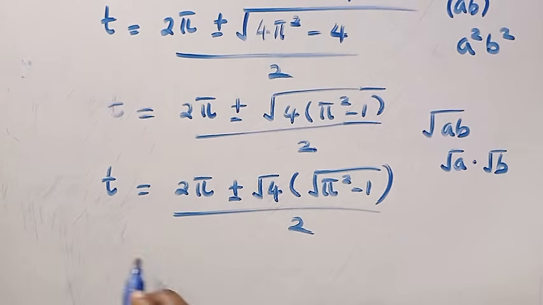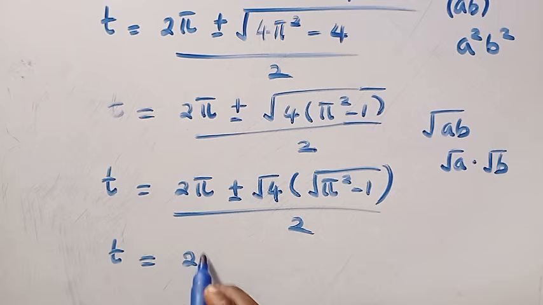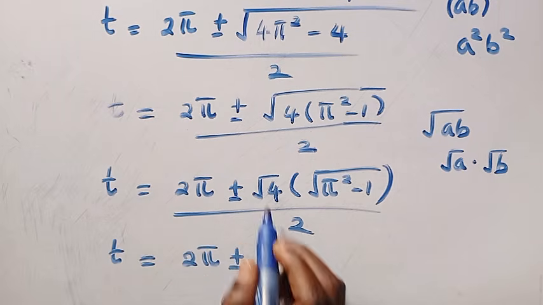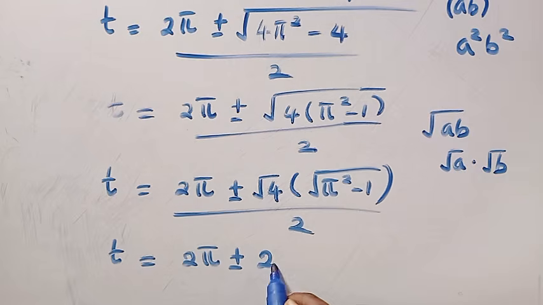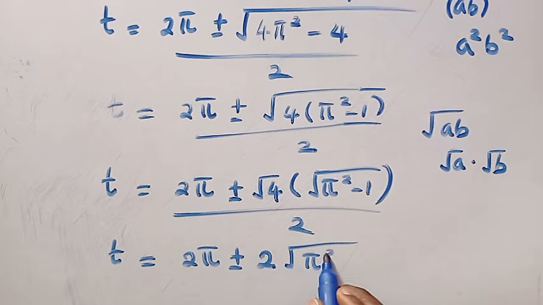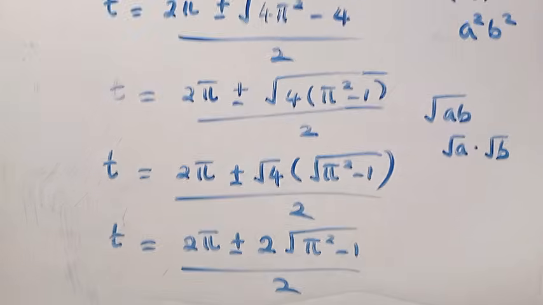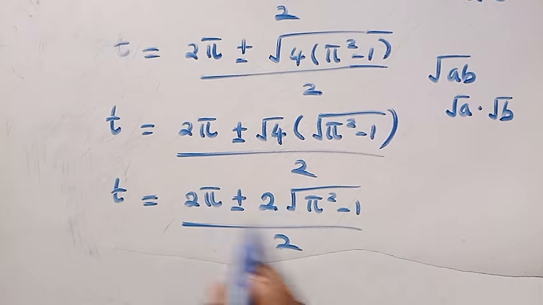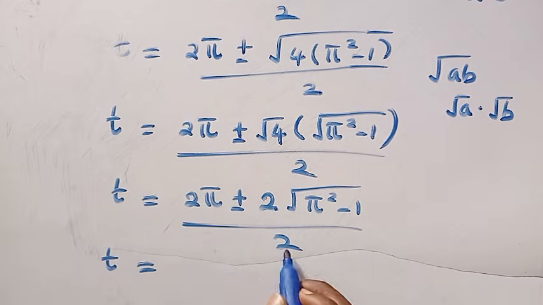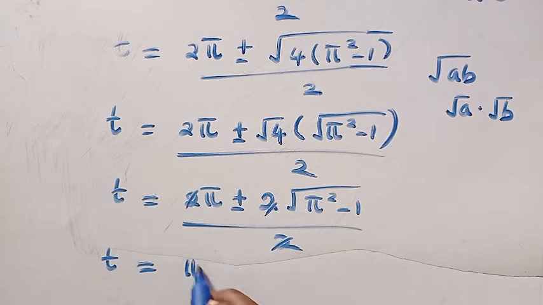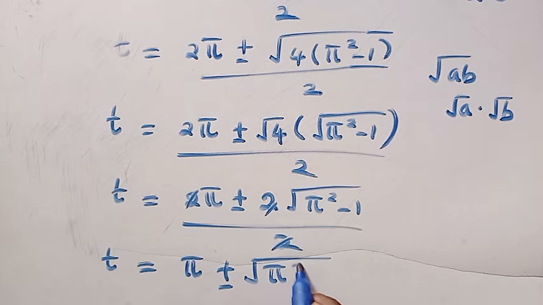The square root of 4 is 2, considering only the positive. At this point we have 2 throughout, so taking out 2, this cancels, and we have pi plus or minus the square root of pi squared minus 1. This is what we have.